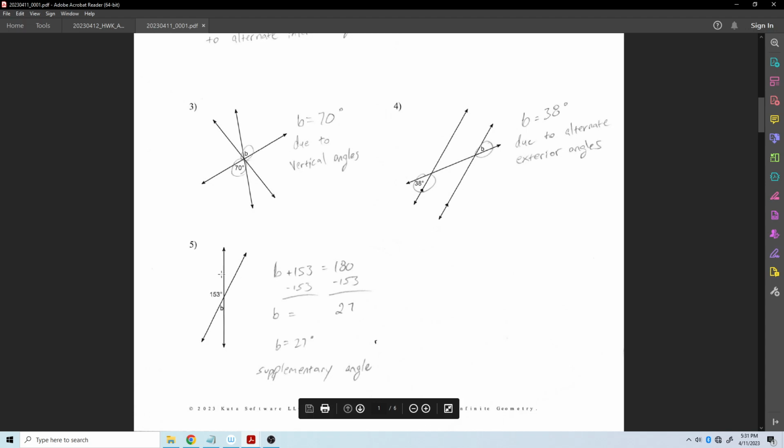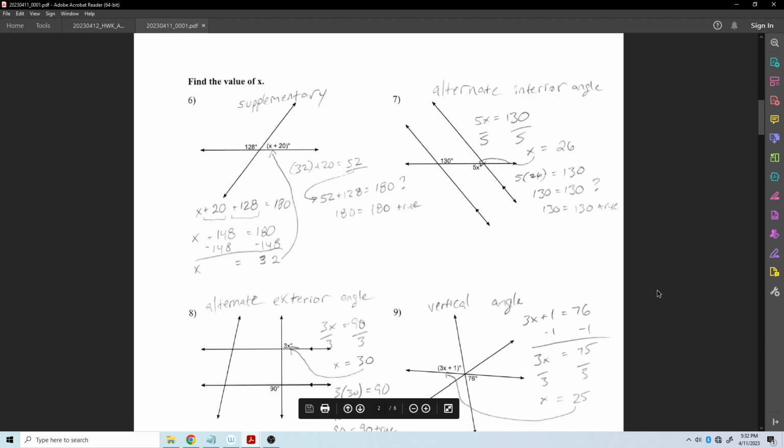So we're splitting this 180 up. We have a 153, and we have a B that's unknown. But we know that both of them combined have to equal 180. So we set up an equation, B plus 153 equals 180, work the math out. Boom, B equals 27. Makes sense. 27 plus 153 is 180. Equation makes sense.